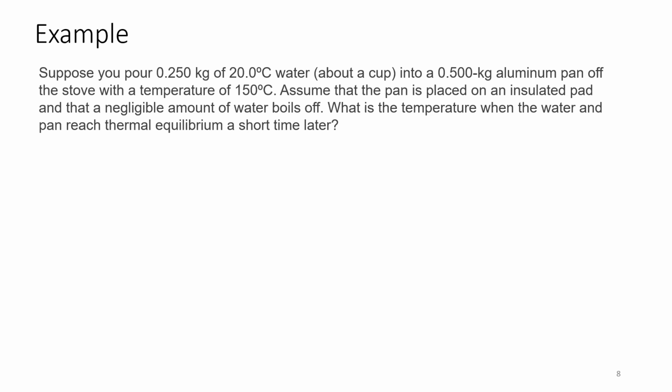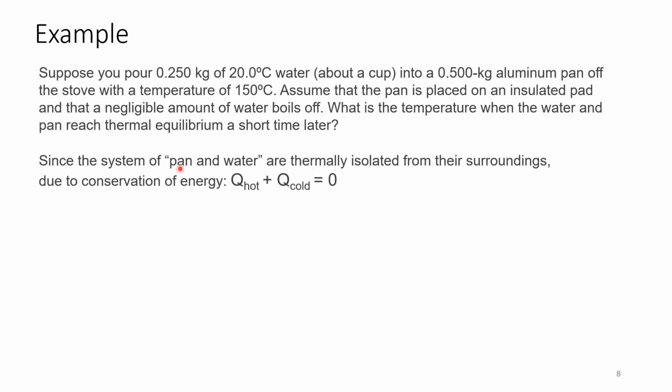In this example, it says that the pan is placed on an isolated pad and a negligible amount of water boils off, so that the heat transfer only occurs between the pan and the water. And we can view the whole system of pan plus water as a calorimeter.